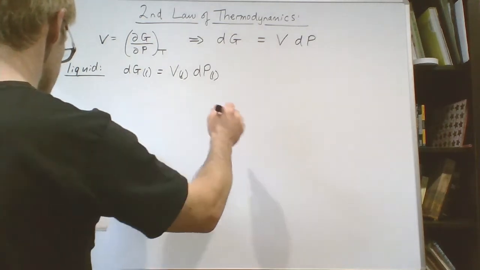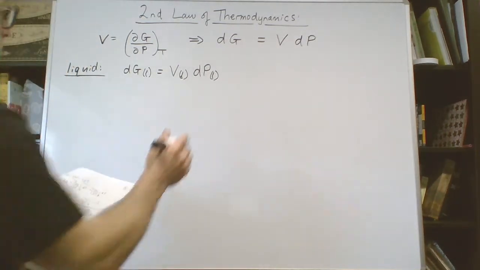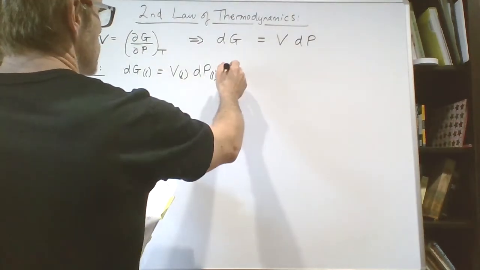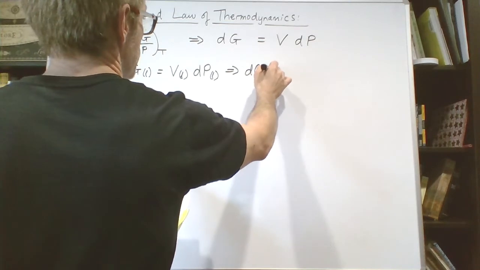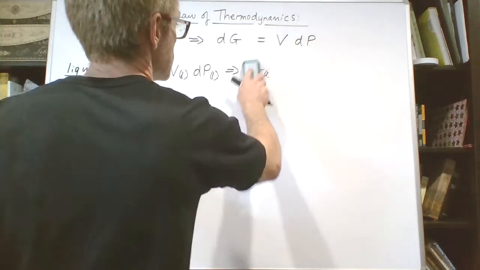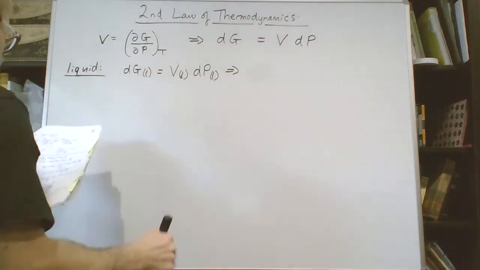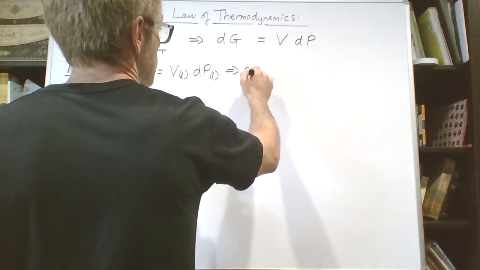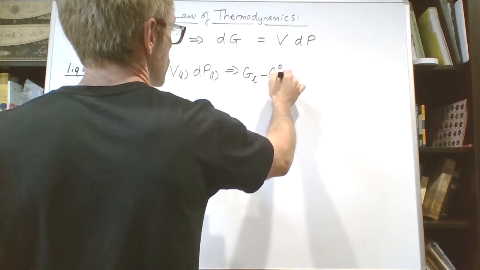Let's not call that anything yet. So we could say dG liquid. We should probably spell out what dG would look like here. So this would be Gibbs liquid minus Gibbs standard liquid.